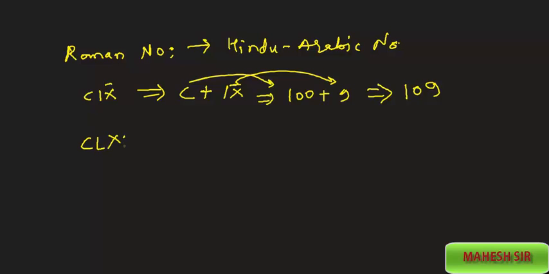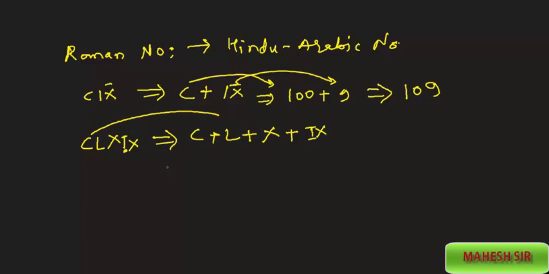This C is standing for 100, then L, then X, then IX. So C is 100 plus L is 50 plus X is 10 plus IX is 9.